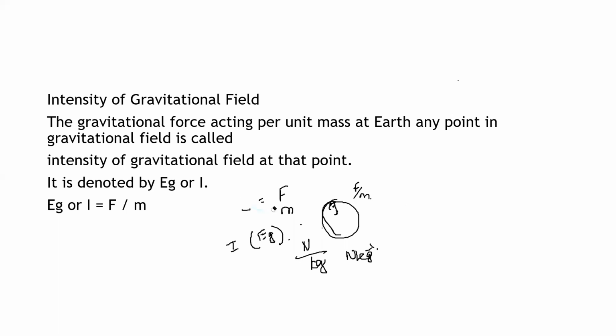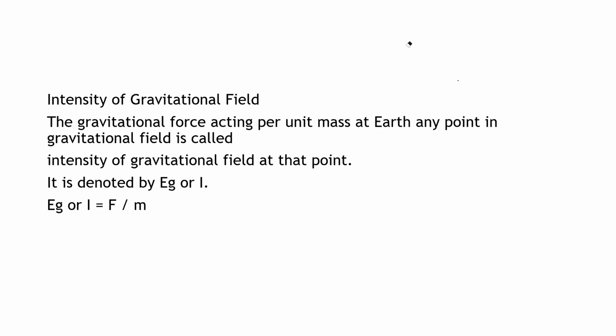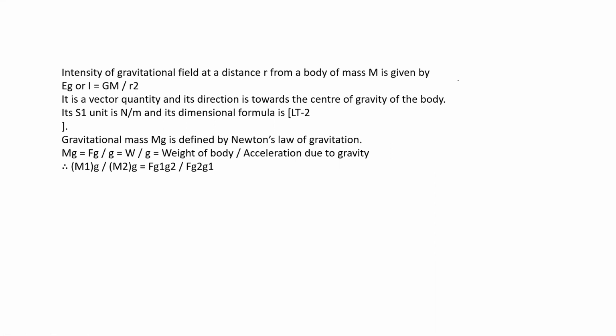So remember the formula. Either we can calculate intensity, or we can calculate mass, or we can calculate force also. Next, the intensity of gravitational field at a distance r from a body of mass M is given by, here we are taking the value of F. So what is our expression?